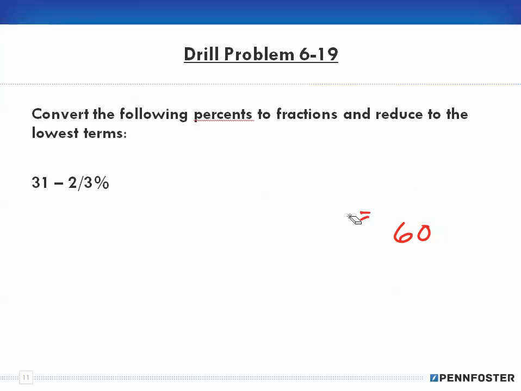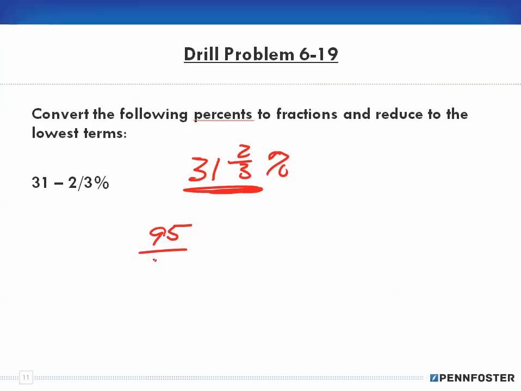Okay, so I have 31 2/3%. Now remember, this is a percentage, but since it's in a mixed number, we're going to convert it into just a straight fraction, but that fraction is still going to be a percent. When we do that, we end up with 95/3, because 3 times 31 is 93, plus 2 is 95.